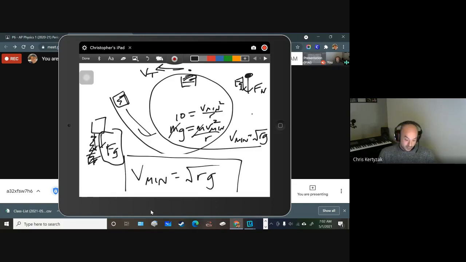Or I could just point out g is the centripetal acceleration, because v squared over r is the centripetal acceleration, right? So at the minimum speed, the only centripetal force is your weight, and the only centripetal acceleration is g, just the Earth's gravitational field.